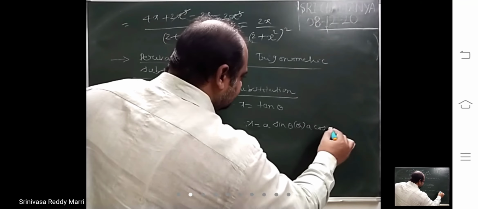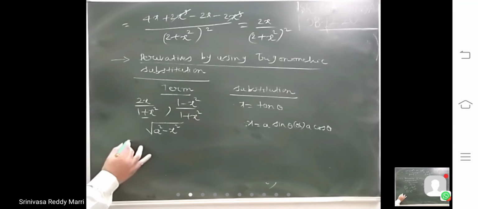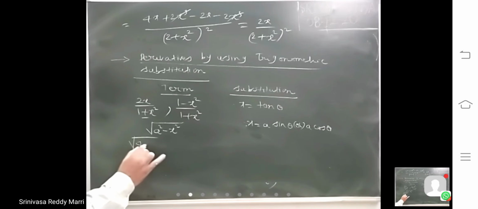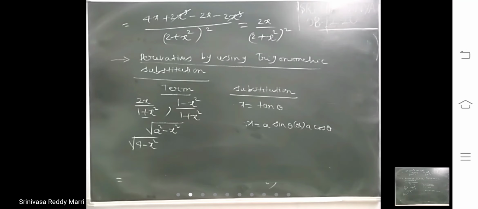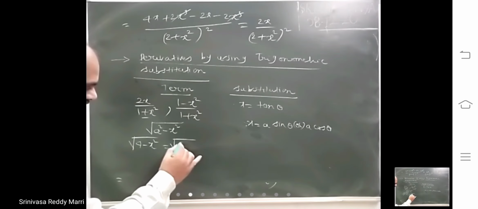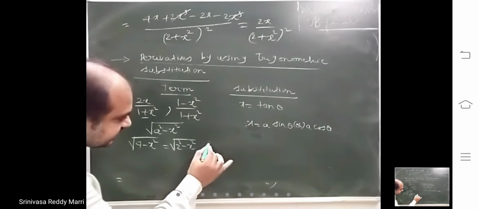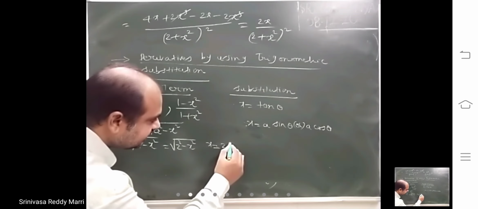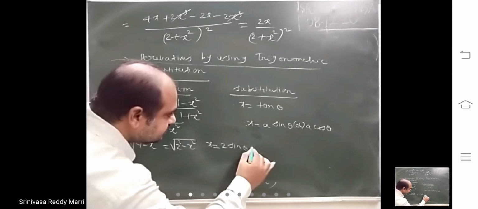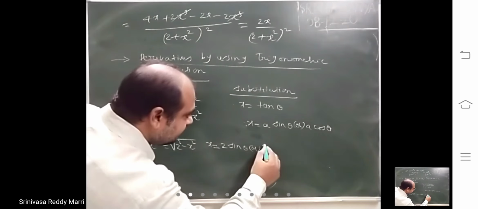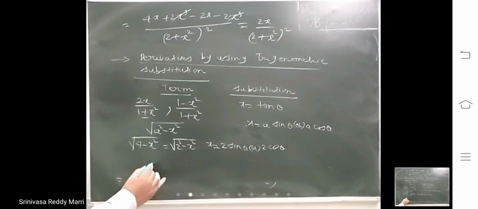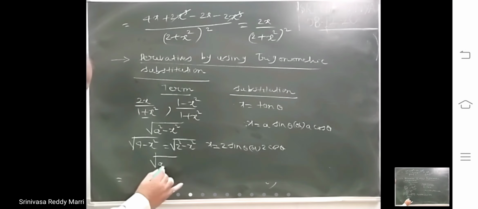Suppose here root of 4 minus x square is there. That means this is nothing but 2 square minus x square. We can take the substitution x equal to 2 sin theta or 2 cos theta like that. Next, we will see in the problems.